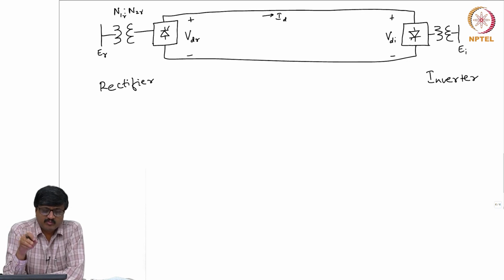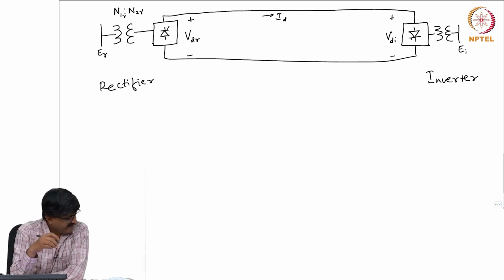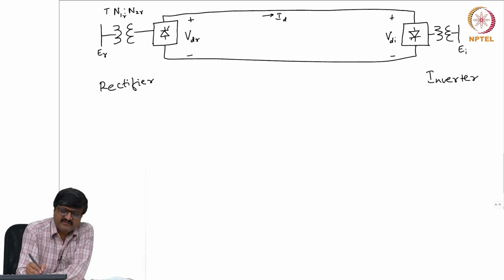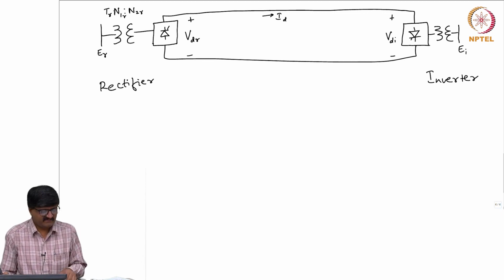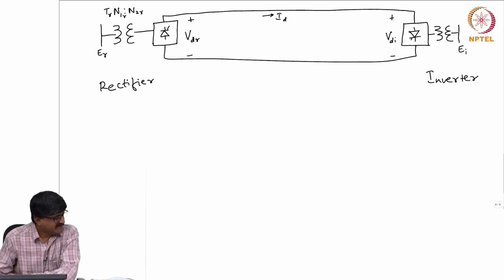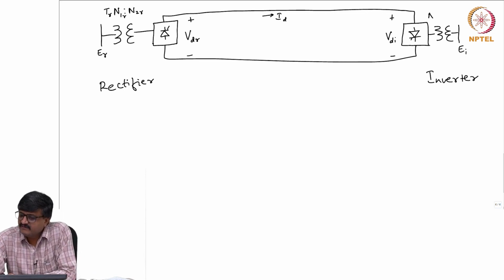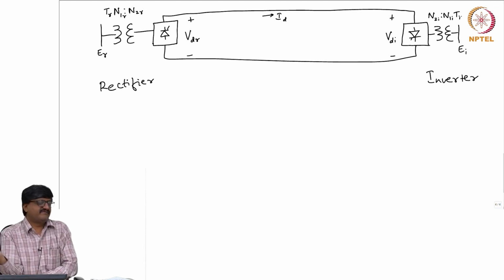In addition to the number of turns, which are constants, for the sake of controlling voltage we have a tap. So I have to include the tap. Suppose the tap is on the side which is connected to the AC system bus. Again, T is the notation for tap and TR is the tap for the rectifier. Okay. So on the inverter side also, N2I to N1I and TI is the tap on the transformer of the inverter.